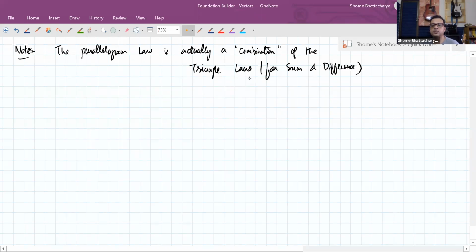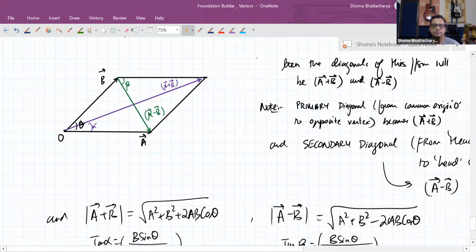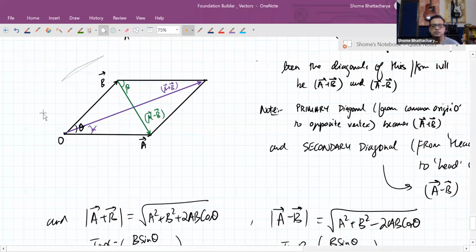Let's understand how that is happening. If you compare this above diagram with the individual triangle laws, you will understand why that's happening.